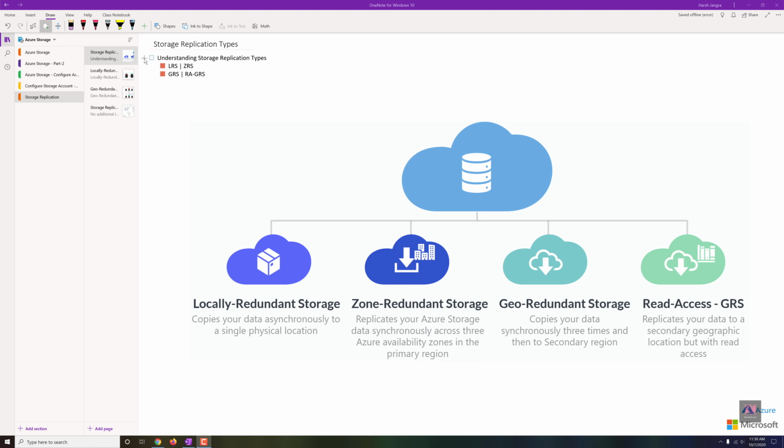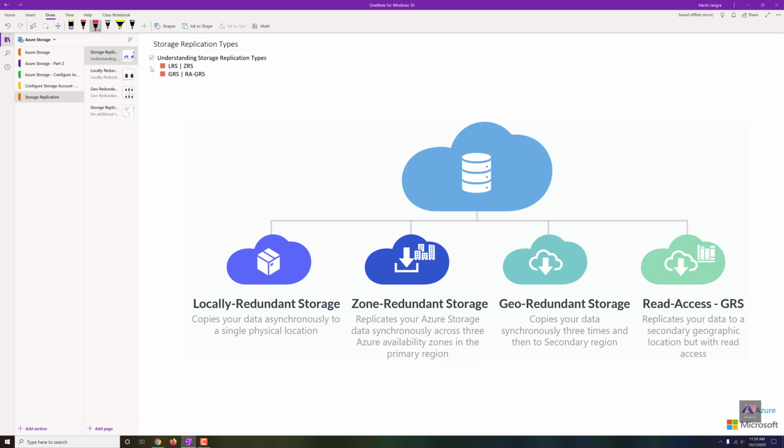while deploying these resources. Hello guys, my name is Harshanga. And in this video, specifically, we are going to talk about storage replication types. In our last video, we covered how we can create a storage account type, which means blob storage, storage version 1, storage version 2.